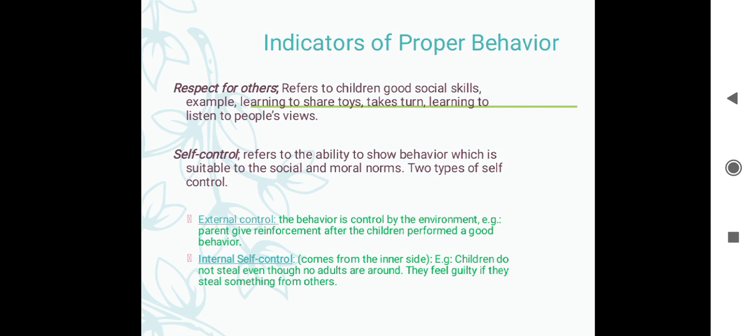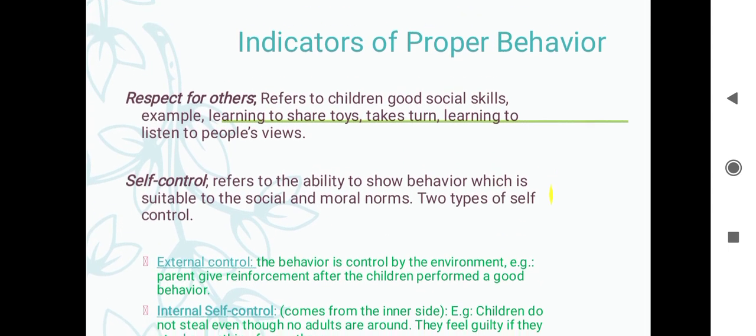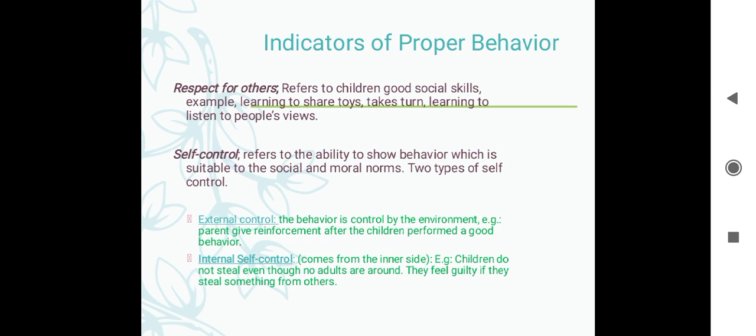And then we move to the next part. We call it indicator. Indicator of proper behavior. What is indicator? Indicator is a sign. Sign of proper behavior. What is proper behavior? It's a good behavior. What are the signs of a good behavior? So basically, proper behavior or good sign of behavior is respect for others.